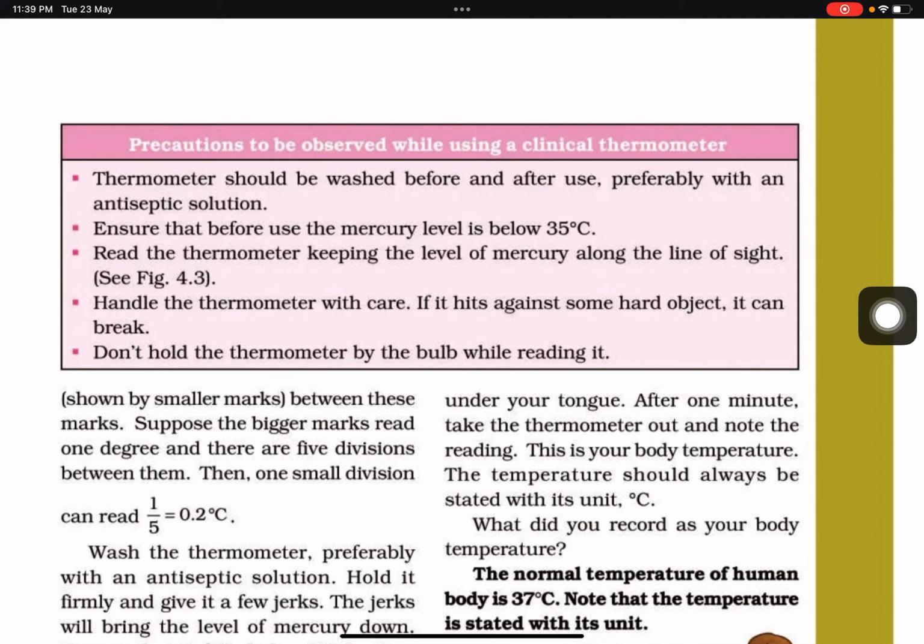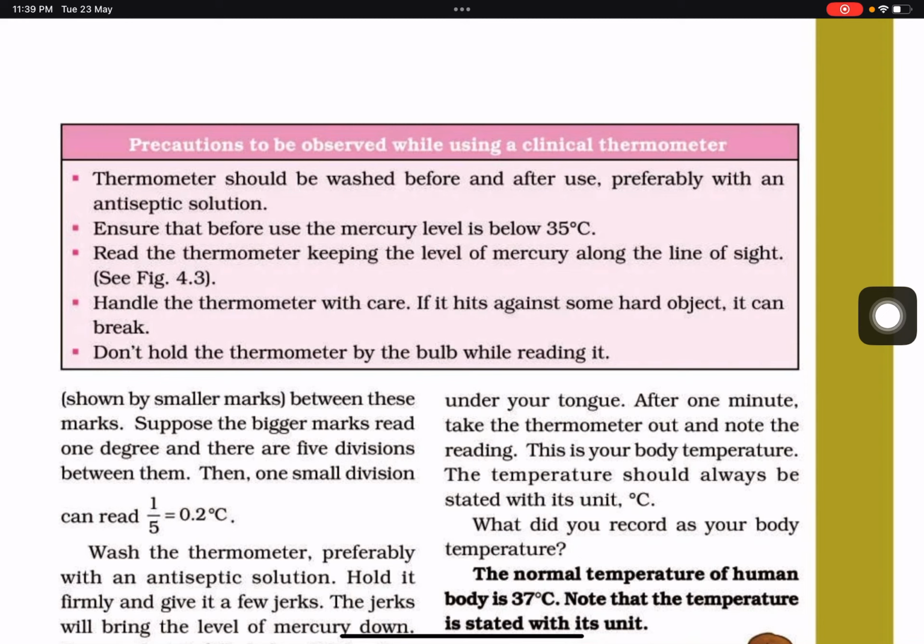Now you should not use that thermometer when you're measuring a very hot or very cold object. You should not use the clinical thermometer, as it could burst, because the mercury goes up and reaches the end of the thermometer, but the pressure of the mercury continues and it bursts sometimes.